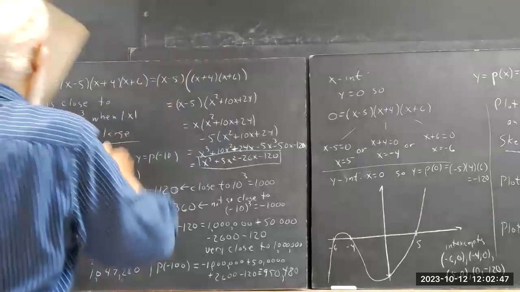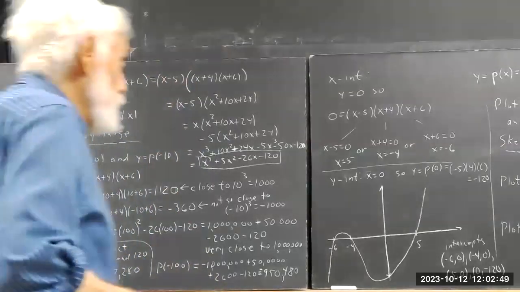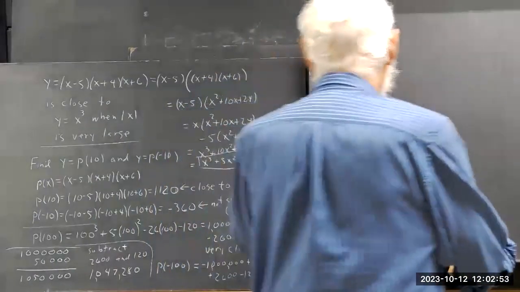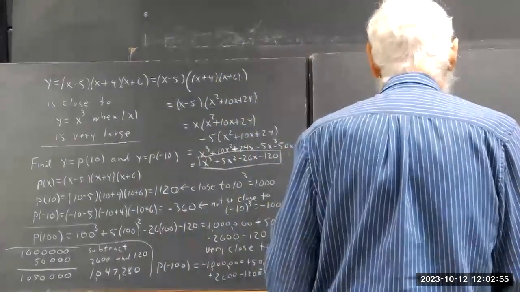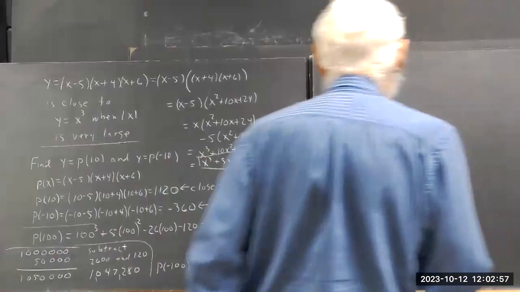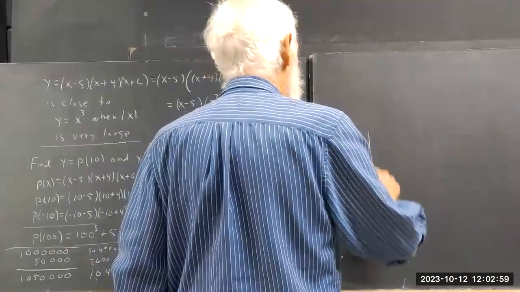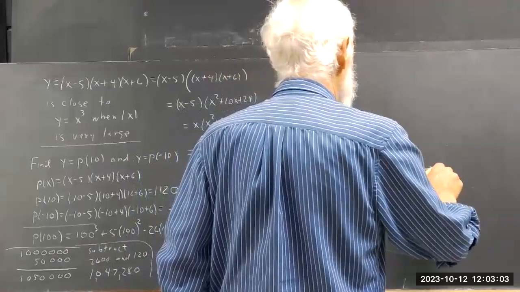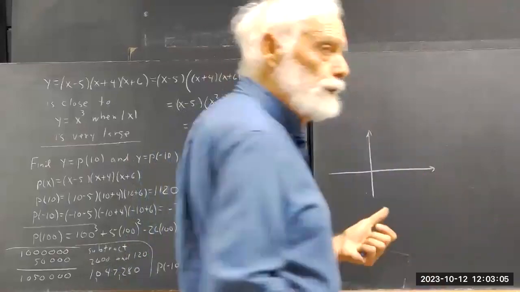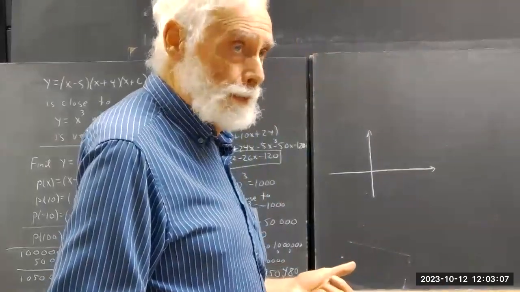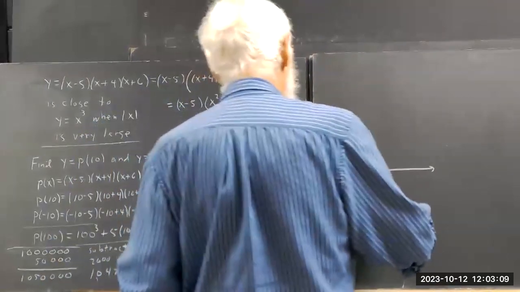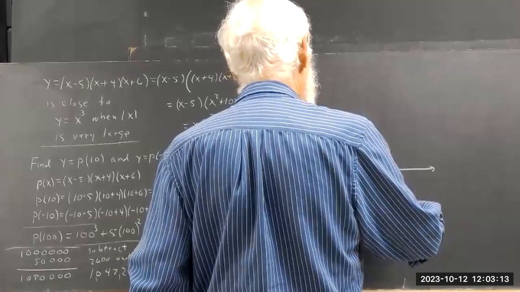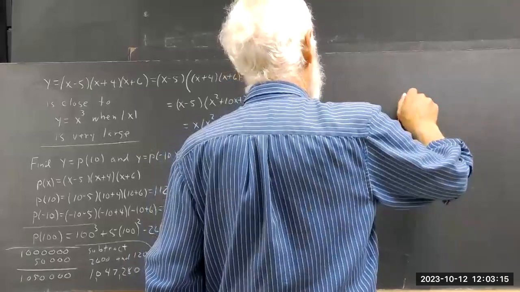Summarize the arithmetic for the result. Okay, I'm going to sketch a graph of y equals x cubed. We know what that graph looks like. It looks something like this.